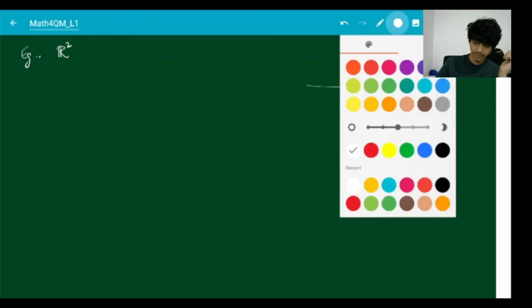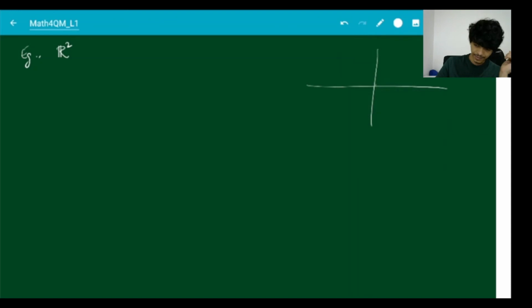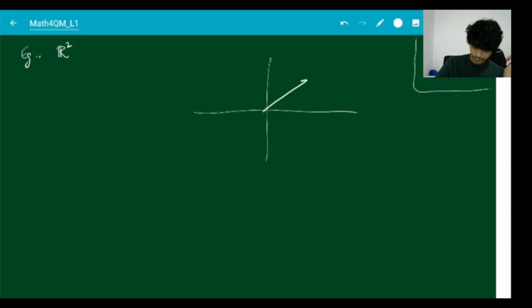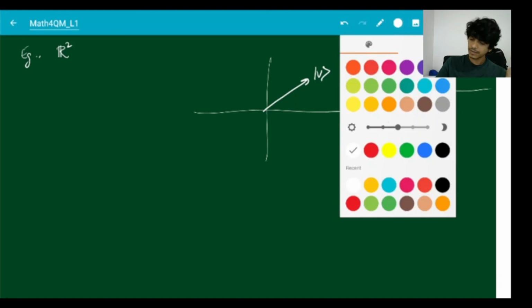Let's take this vector. Okay, this is the vector v of interest. I can choose any number of bases.